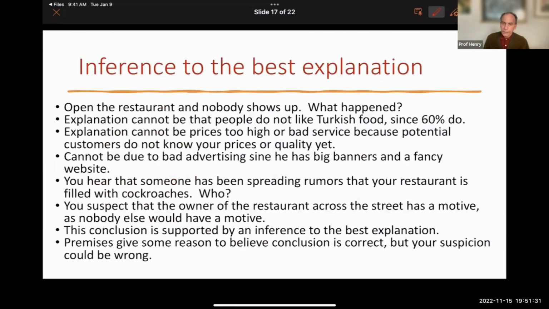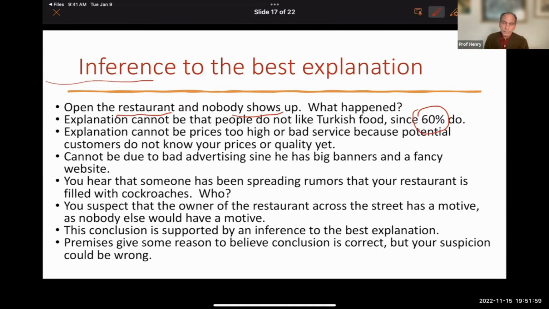Okay. Inference to the best explanation, and this is where we have the example of the repair guy. Okay, the owner opens the restaurant, nobody shows up. What happened? Well, it can't be that the people do not like Turkish food. 60% of my previous sample do.